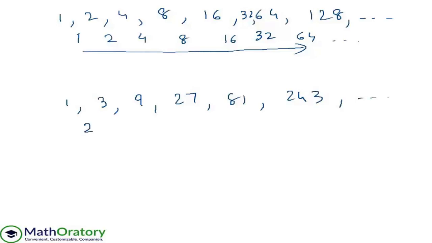If you take the difference, it is 2, 6, 18, 54, 162. Now if you check this, it's double of 1, double of 3, double of 9, double of 27, double of 81. Again the same problem. So in this kind of series, it's never going to happen.